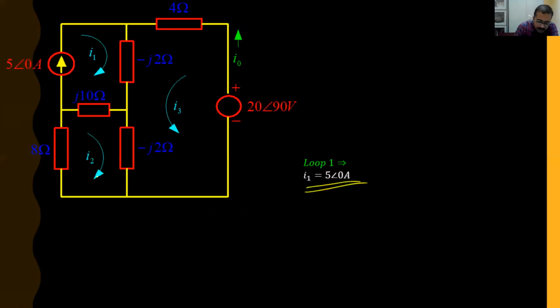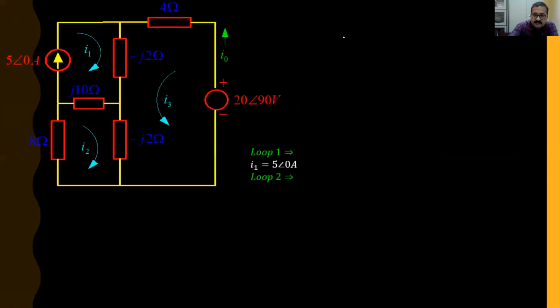Now coming down to loop 2, there are no potential rises. So 0 equals 8 plus J8 into I2.